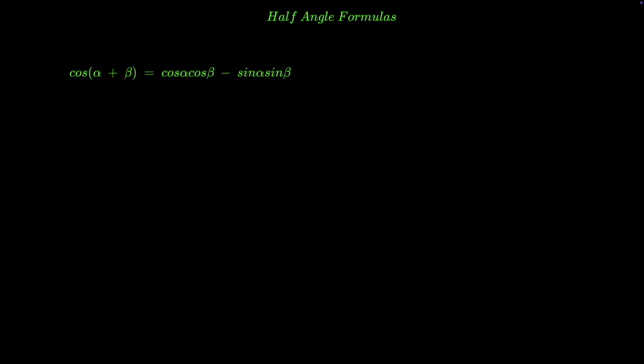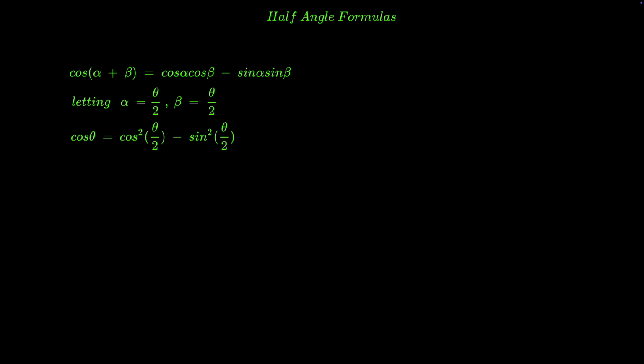Starting with the formula for the cosine of the sum of two angles and letting each of the angles equal theta over 2, this formula becomes an expression for the cosine of theta in terms of cosine squared and sine squared of theta over 2.